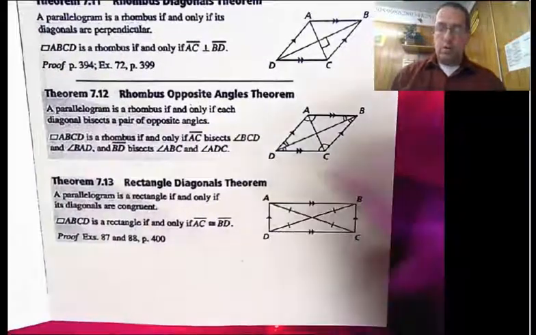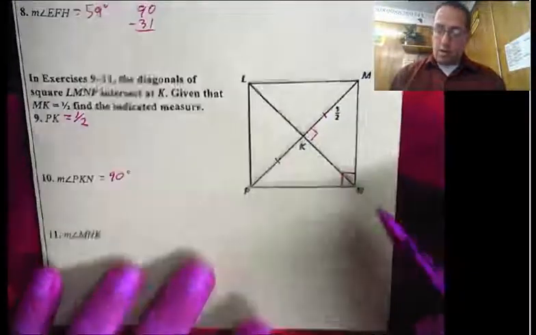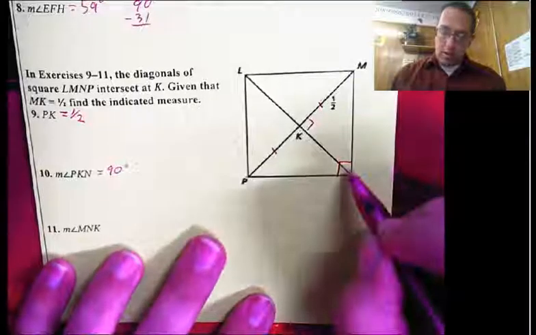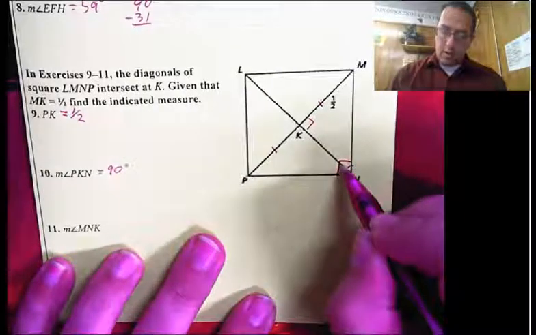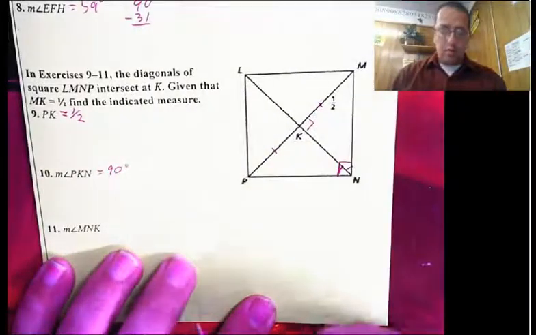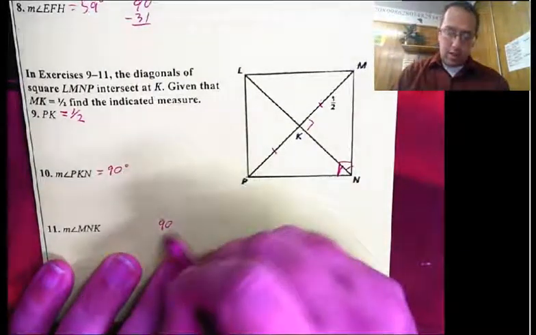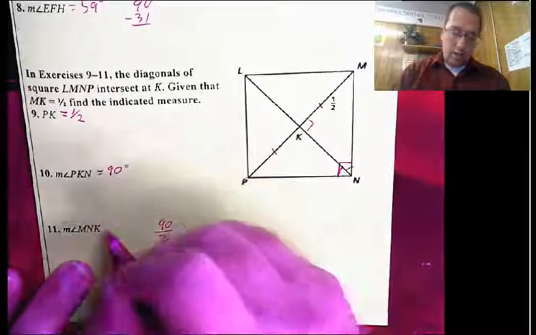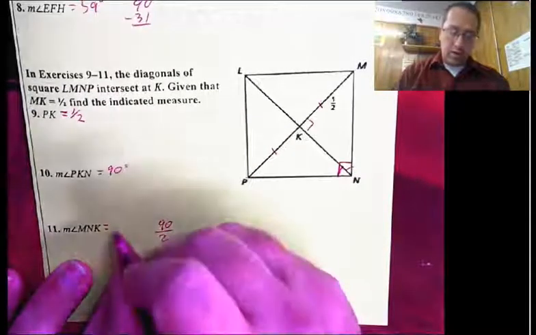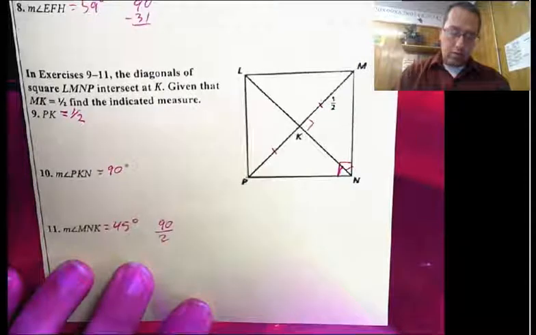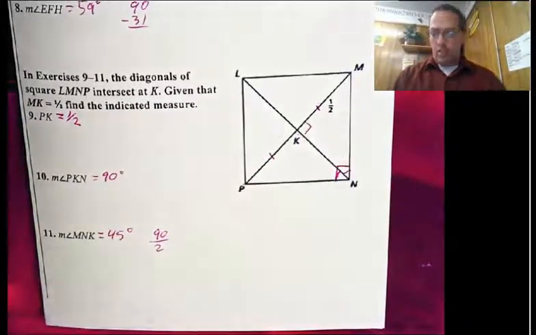This is the only time when the diagonals bisect the angles, if it's a rhombus, and squares are rhombi. So that means not only is it a right angle, it's also bisected, and we want that one right there. Since it's a right angle, the whole thing is 90 degrees. It's bisected, so we divide it in two, and we come up with the measure of angle MNK is 45 degrees.